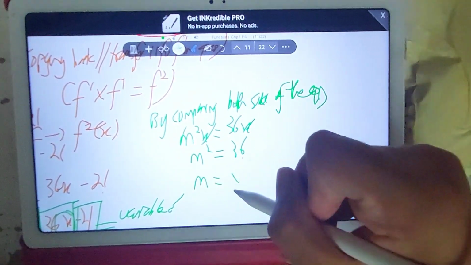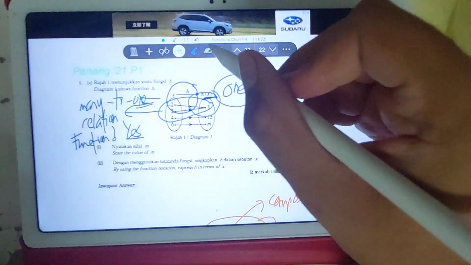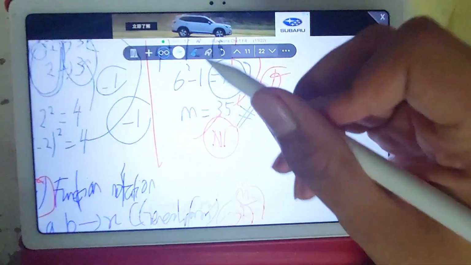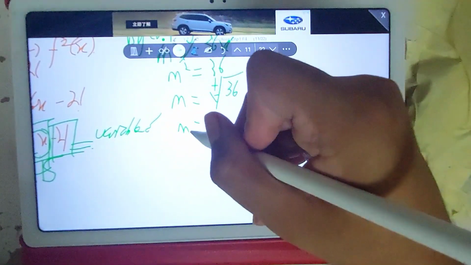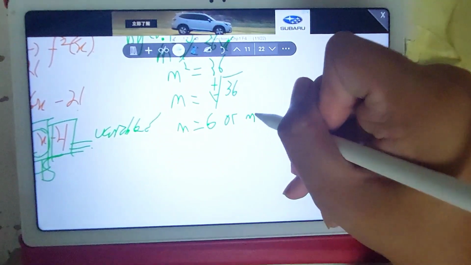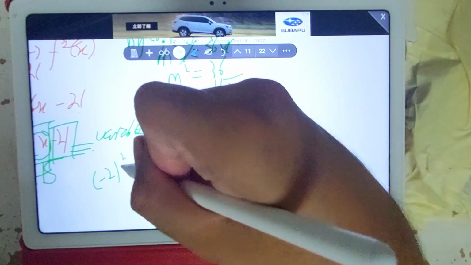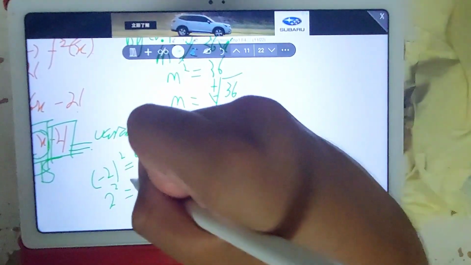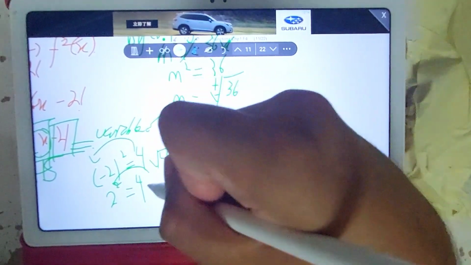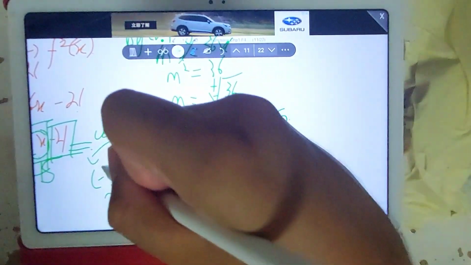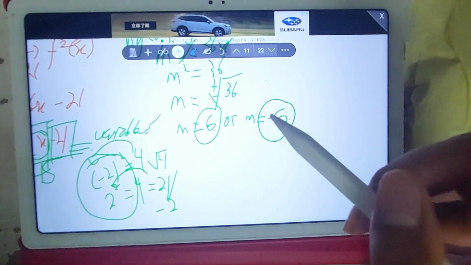So from here, another common mistake made by most students: you don't only get m is 6 when you do m squared is 36. The theory is you can expect two answers, just like I showed you in the arrow diagram. Negative 2 squared gives 4, 2 squared also gives 4. Now I'm reversing the process. Square root of 4, what can I get? You should say 2 or negative 2. So same thing here, that's why I put two possibilities, 6 and negative 6.